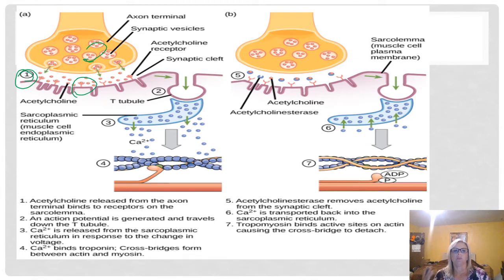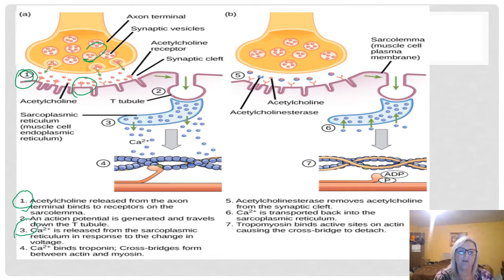So the action potential has been generated and it travels down to the T-tubule. Number 1 is important. Number 2 is important, but not quite as important as number 1. You need to know that step. Acetylcholine is released into the synaptic cleft and is picked up by the sarcolemma.